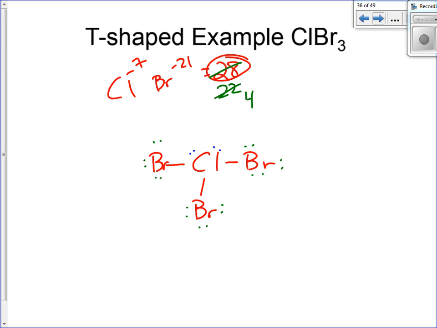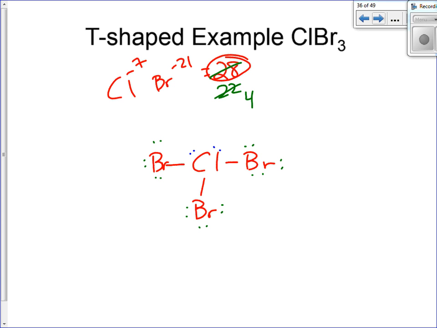And now that's why it's going to look like a T shape. So here we go, now we have 2 lone pairs, and now you have a T shape. It forms a T, literally a T, because the two lone pairs spread out in this direction. And as you can see on the T shape, the angles are what? 90 and 180.